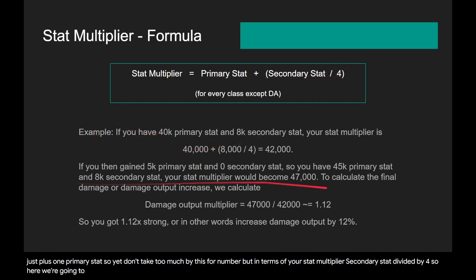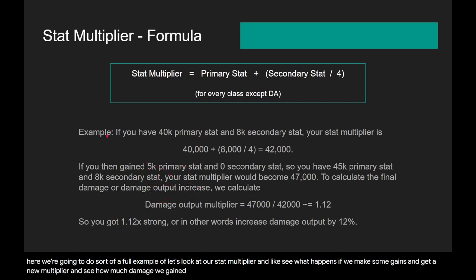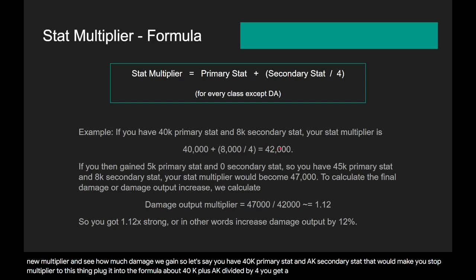So here we're going to do a full example. Let's look at our stat multiplier and see what happens if we make some gains and get a new multiplier and see how much damage we gained. Let's say you have 40k primary stat and 8k secondary stat. That would make your stat multiplier, plug it into the formula above, 40k plus 8k divided by 4, you get a stat multiplier of 42,000.